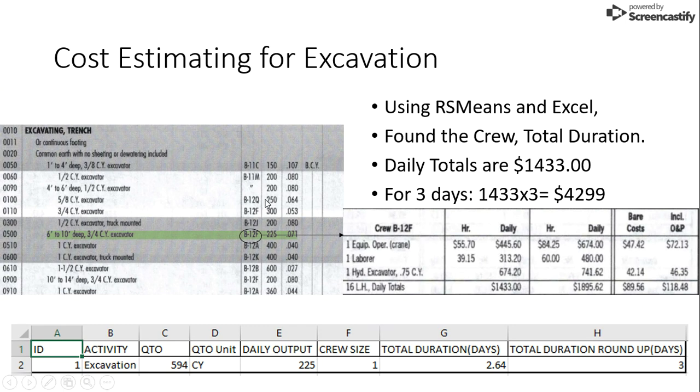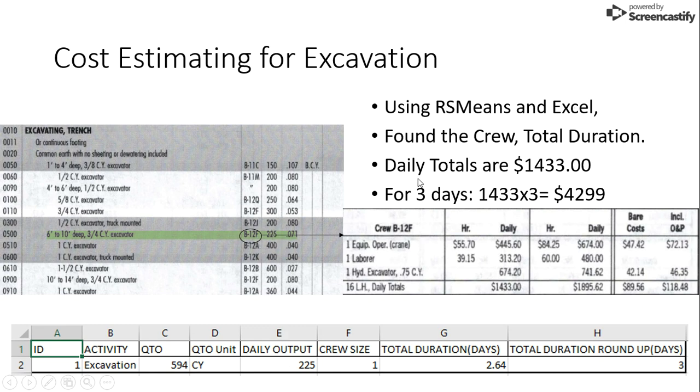So I have tried here the cost estimating for excavation. Using RSMeans, I went to excavating trench. I went to 6 to 10 feet deep because our excavation is 10 feet deep. And here I found the crew and the daily output.